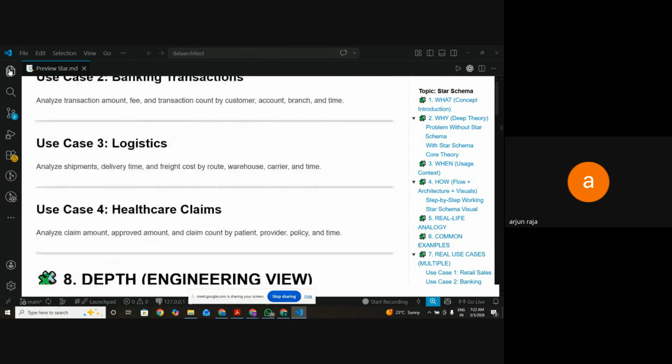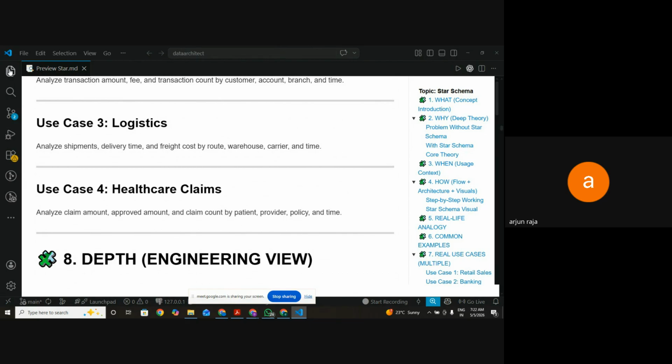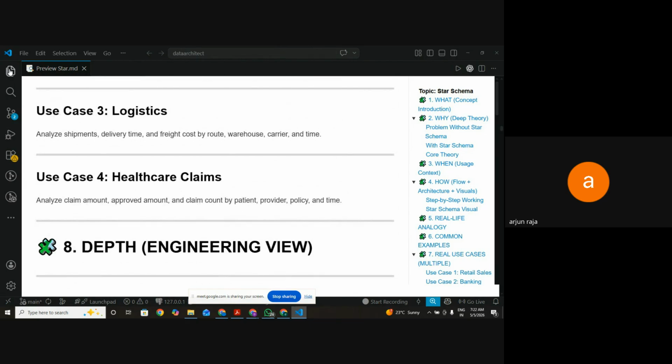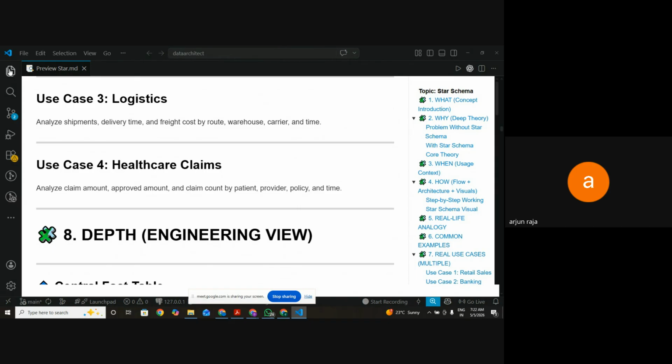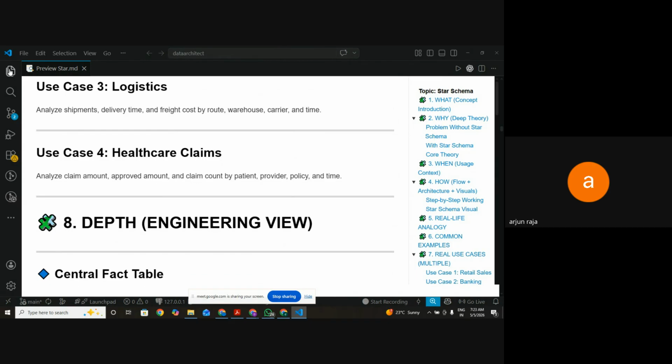Logistics: analyze shipment, delivery time, and freight cost by route, warehouse, carrier, and time. Healthcare claims: analyze claim amount and approved amount by patient, provider, policy, and time.